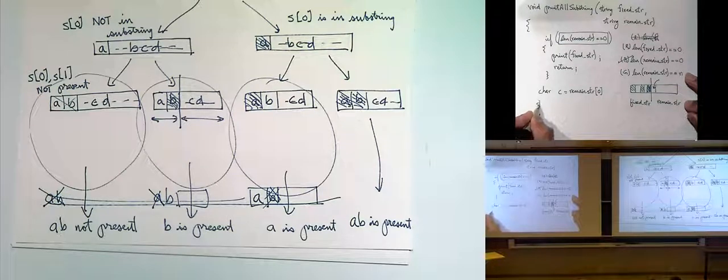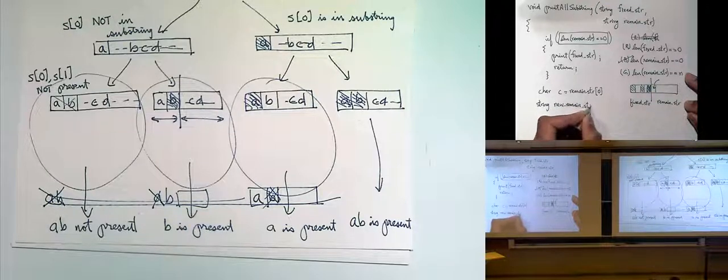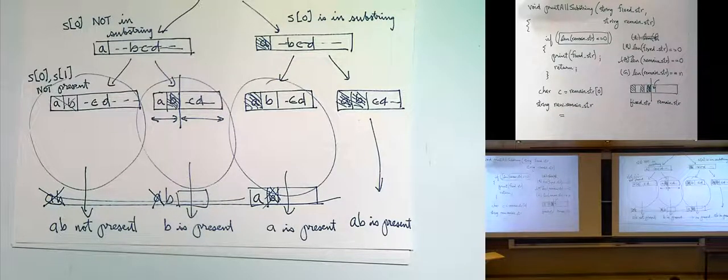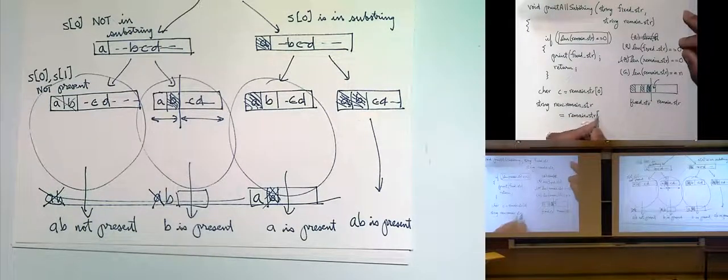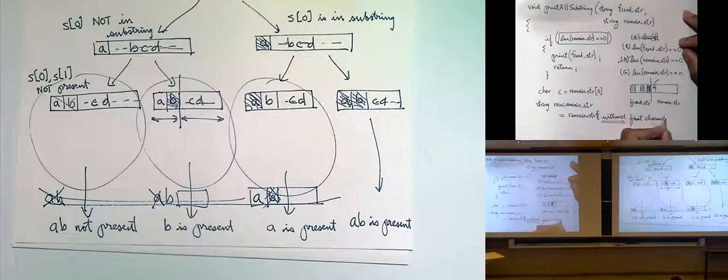And then I'll say the new remaining string is equal to, okay, so there are many ways of doing this. You can also do a pop operation on the string, but essentially I'm going to write it out over here: it's the remaining string without the first character, without this character.